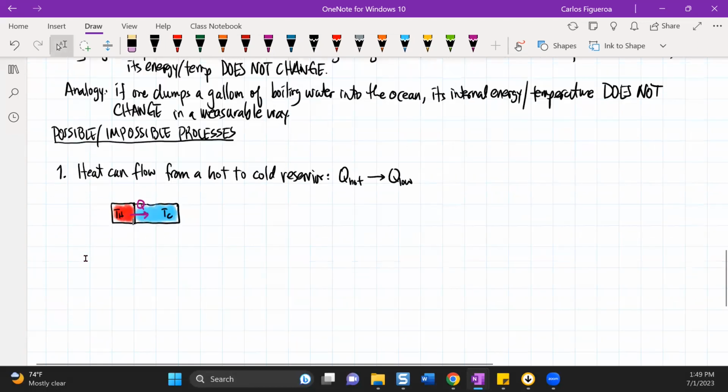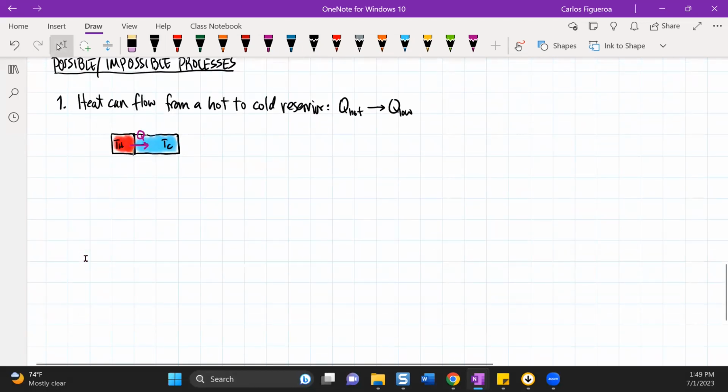Now, how do I set this up as a process on a diagram? Well, I could imagine that I take a copper pipe, right? There's a copper pipe right in here. And what I'm going to do here is that on one end, I'm going to have a fire over here.